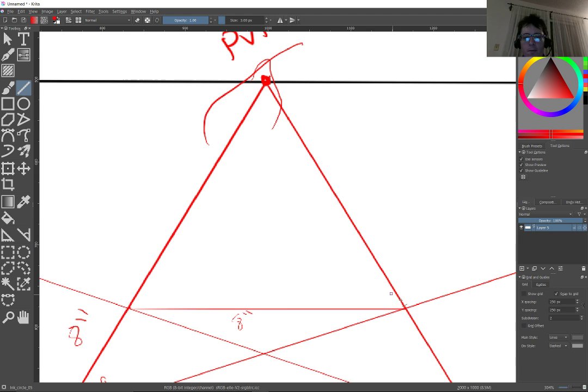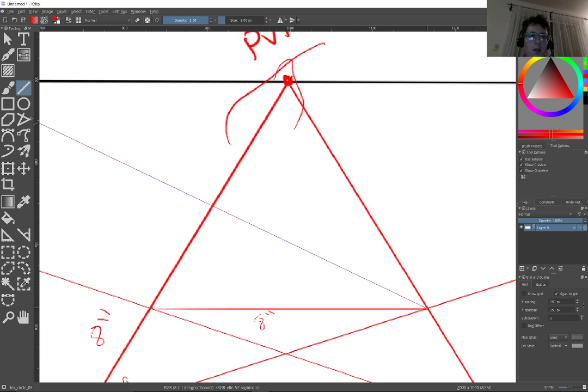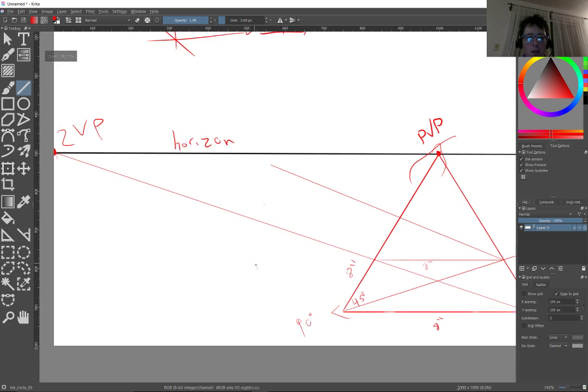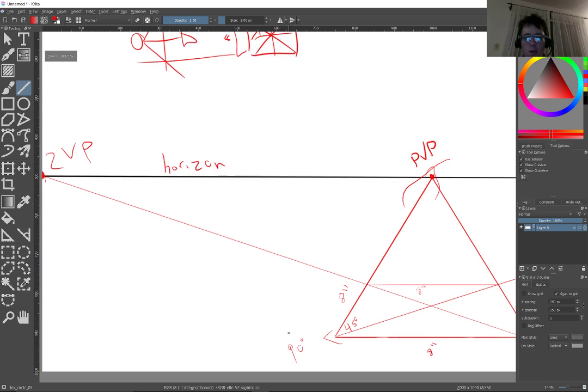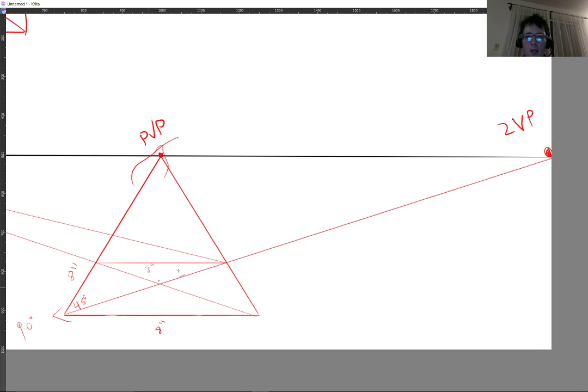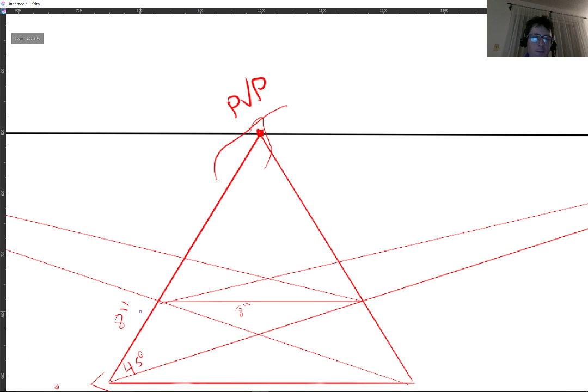So now I can go from this spot, so now I can basically assume that I'm doing this whole thing over. Go from there to there, and from here to here.